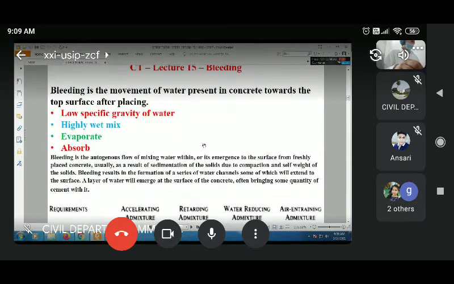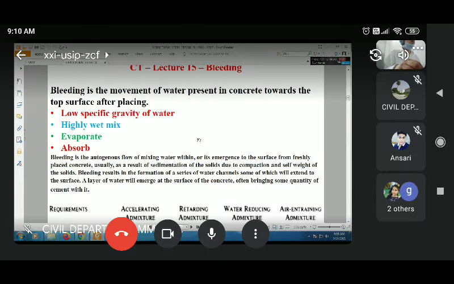What is bleeding? Bleeding is the movement of water present in concrete towards the top surface after placing. So what happens when you are doing the concrete, the water content is more in your mix or a wet mix is there.